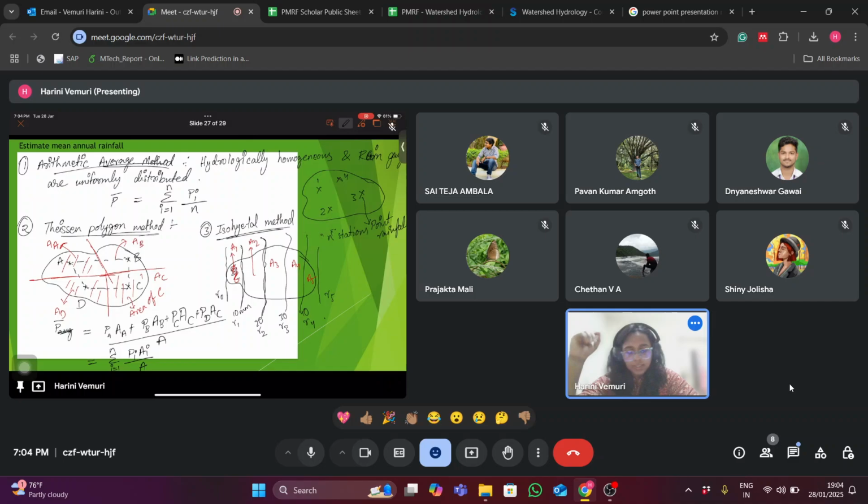Then to calculate the average rainfall, first we will take the mean of R0 and R1, that is (R0 plus R1) by 2, as the amount of rainfall occurred in the area A1. So like this.